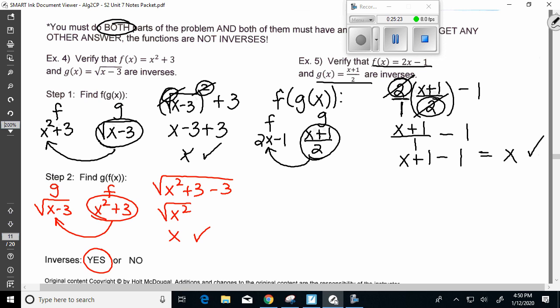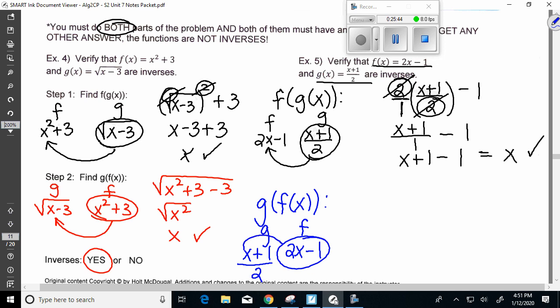Turn around and do it the other way around. So if it works the other way, then we are 100% good to go. So g is the x plus 1 over 2 function. F is 2x minus 1. Take 2x minus 1 and plug it in for x.